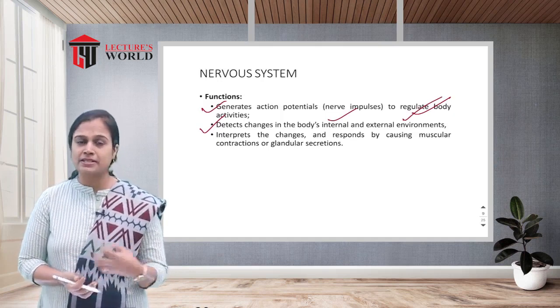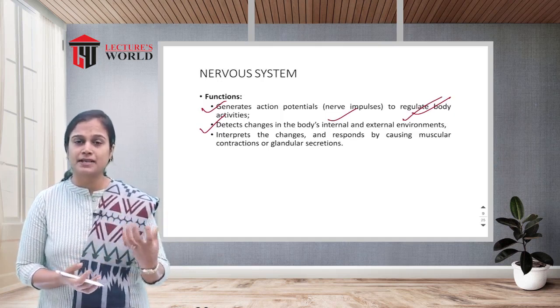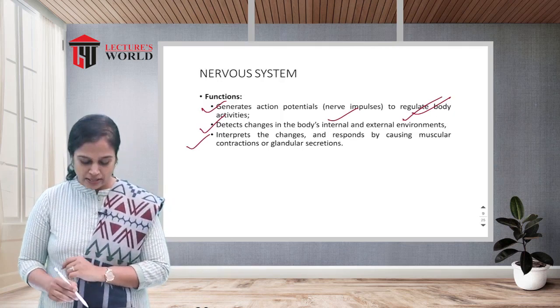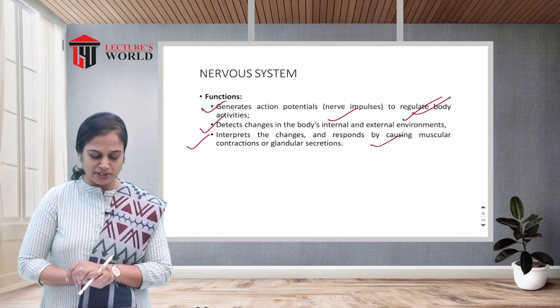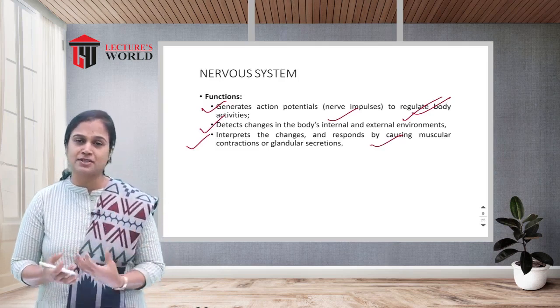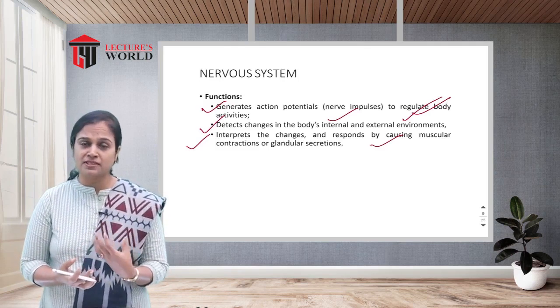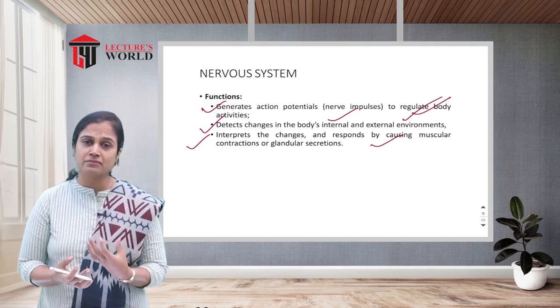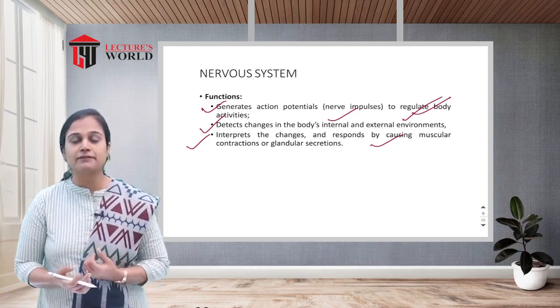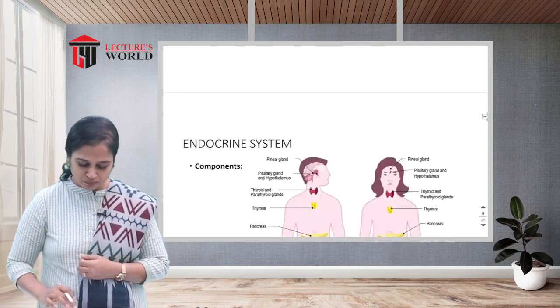Any change in our body is detected by the nervous system only, and it interprets the changes and responds by causing muscular contraction and glandular reaction. So if there are changes in our body, the nervous system shows some symptoms and triggers impulses. That is the function of the nervous system.